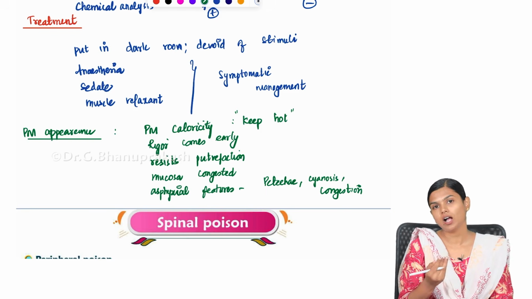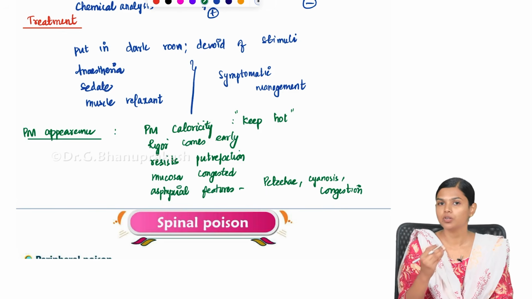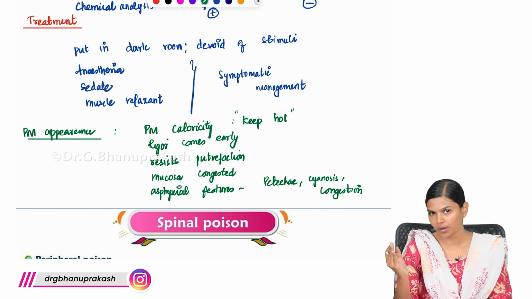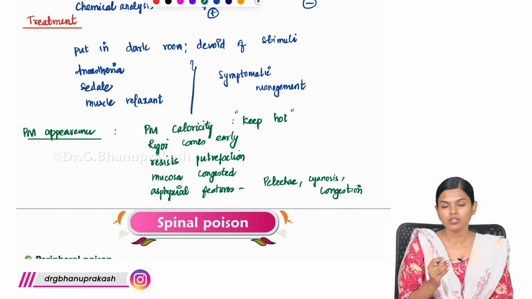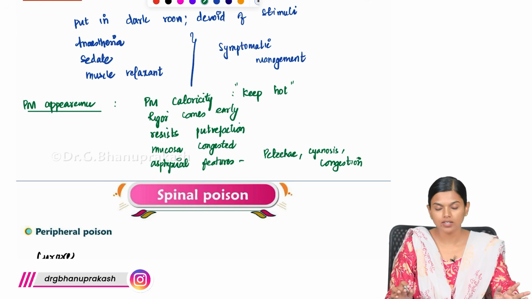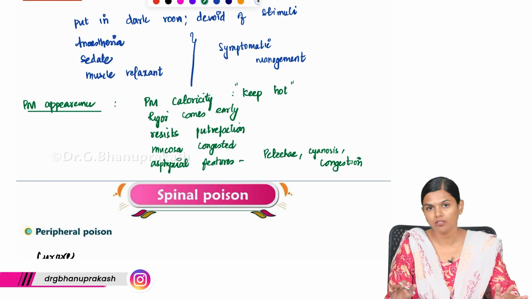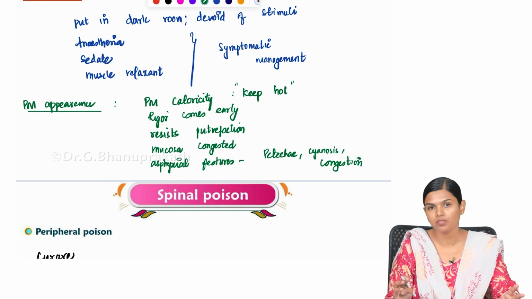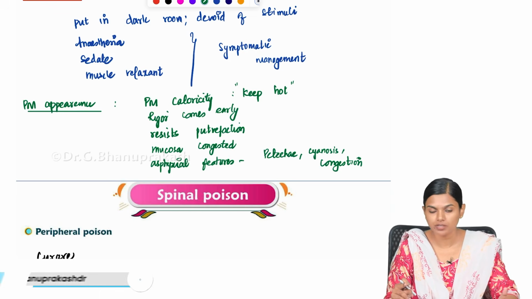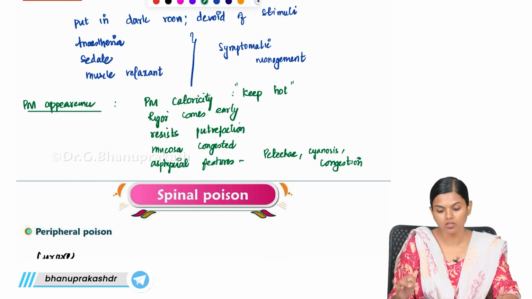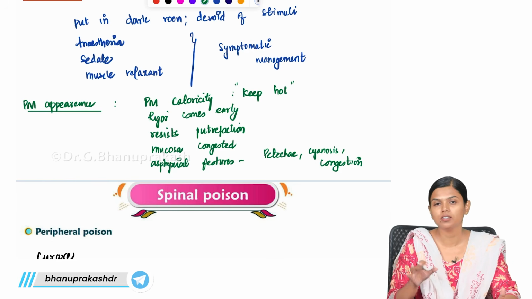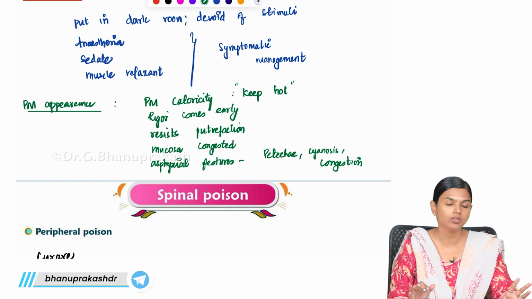If it is of the anterior compartment, it is Emprosthotonus. If it is the lateral compartment, it is Pleurothotonus. And Risus Sardonicus is contraction of facial muscles. So these are the important things that we have to know. PM appearances: you will have post-mortem caloricity, Risus putrefaction, and rigor comes early. So these are the important aspects of the spinal poison, that is Nux vomica. For every plant poison, you have to know the active principle.